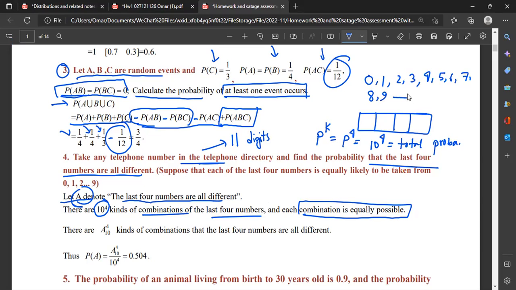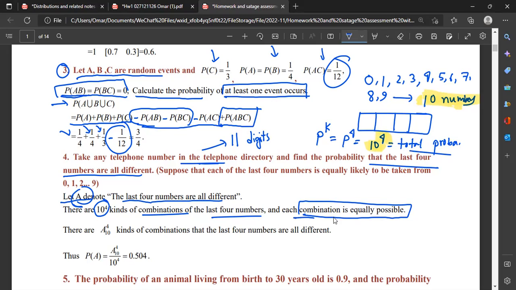So in total, we have 10 numbers. That's why we have written 10 to the power 4, because we have 10 numbers and we have to fill up four boxes. And this is the total.